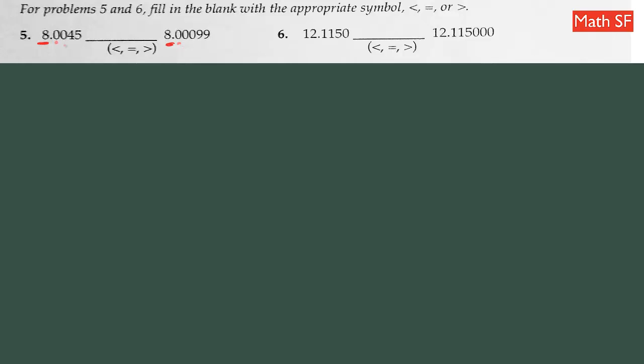I'm going to go to the next digit. They're still the same, 0 and 0. I'll go to the next digit, 4 and 0. Who's bigger, 4 or 0? 4 is bigger. Therefore my answer must be greater than. So you're going to have 8.0045 greater than 8.00099.